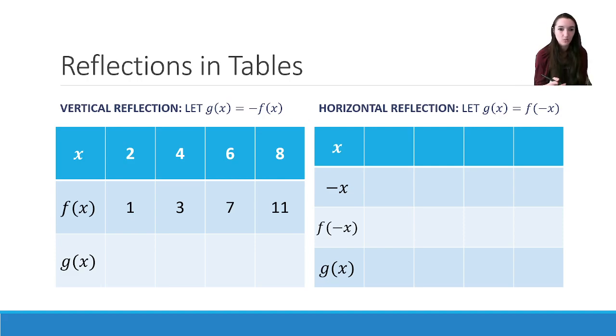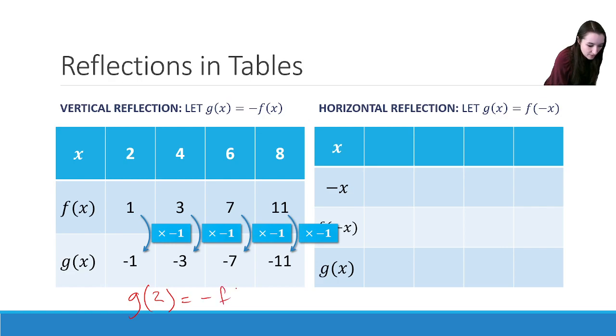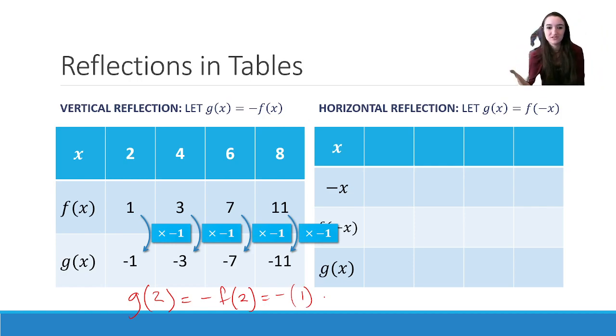So we take 1, becomes negative 1. Take 3, becomes negative 3. Negative 7, negative 11, and that's it. So g of 2 is the same as saying negative f of 2, which is negative 1. But again, with the horizontal reflection, it's a little trickier than that.